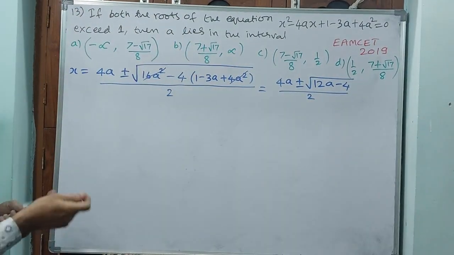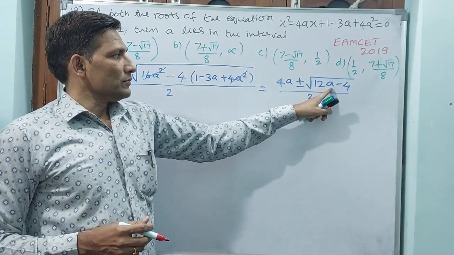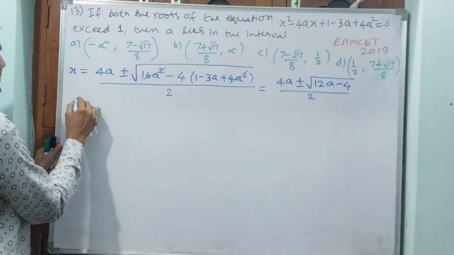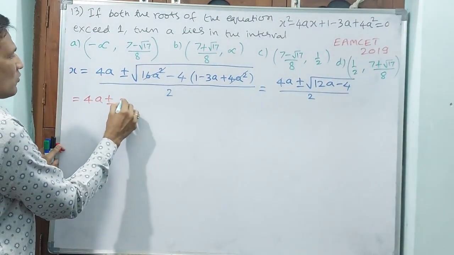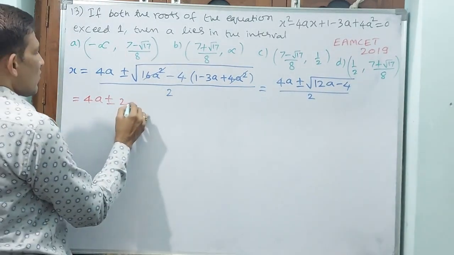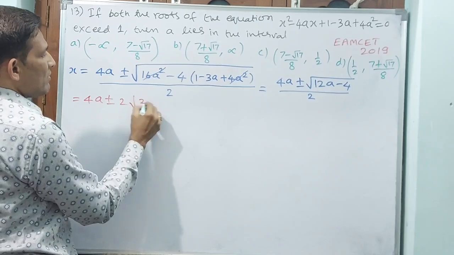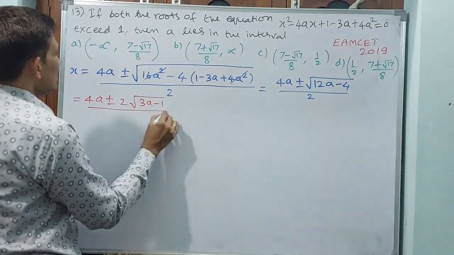A little bit of modification you have to do. You take 4 common and take it outside; it is going to become 2. That is equal to 4a plus or minus 2 outside, and with 4 taken common, this will be 3a minus 1 under the root, divided by 2.